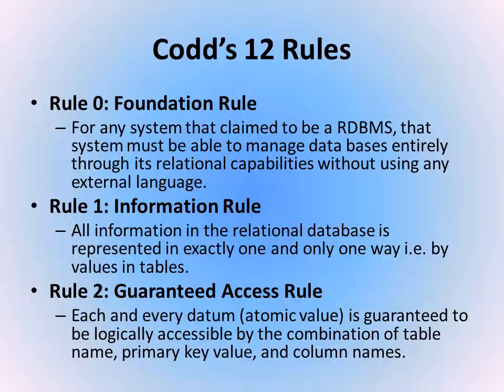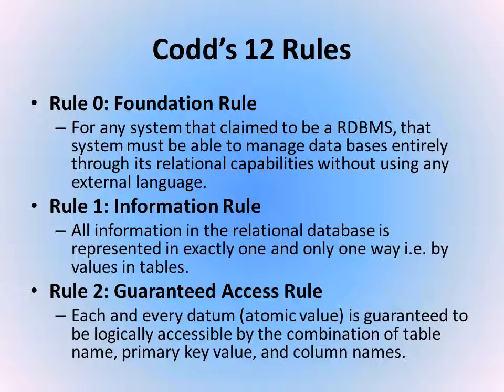This rule means that all information in a relational database, including table name, column name, data types, constraints, etc., should be represented in table format. Everything in the database must be stored in table format, whether it is user data or metadata.